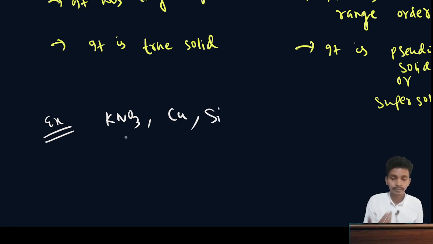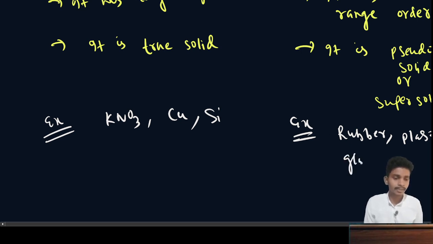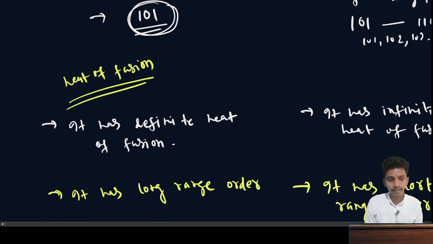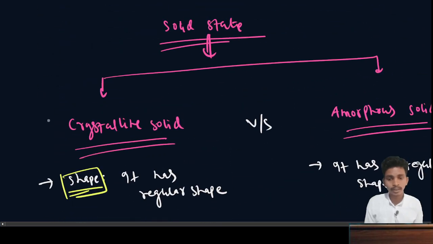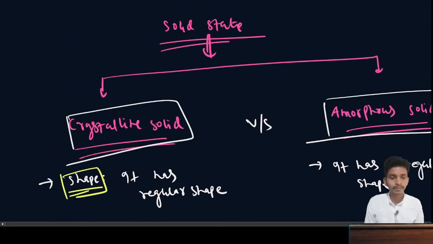For amorphous solids the examples are rubber, plastics, and glass. So these are all examples of amorphous solids. So solids can be of two types: crystalline solids and amorphous solids.